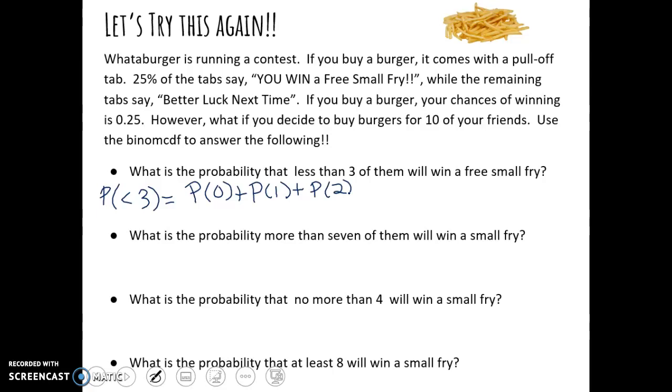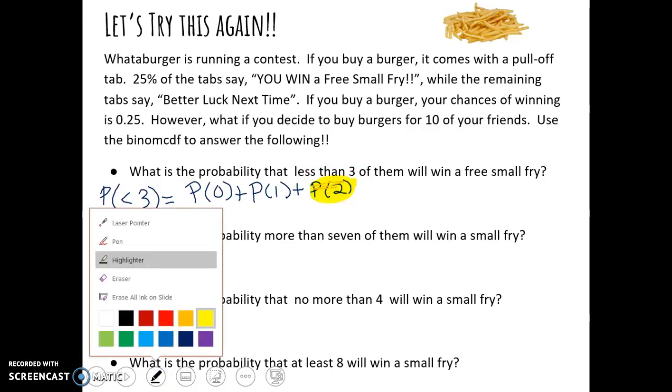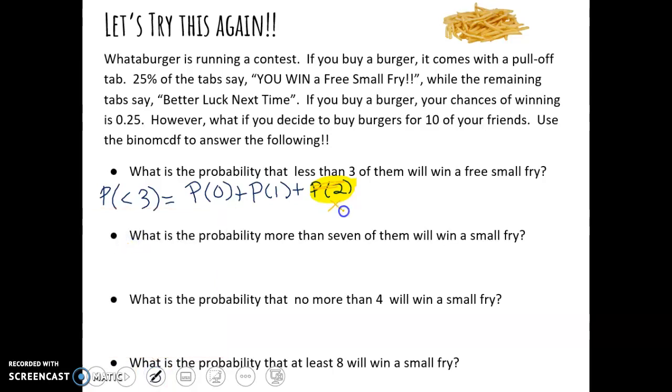Your calculator will do this, and we need it to start adding at 0 and stop adding at 2. Where we want it to stop, that is our x.